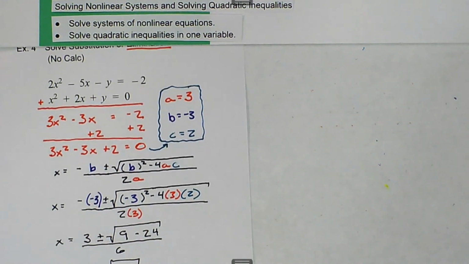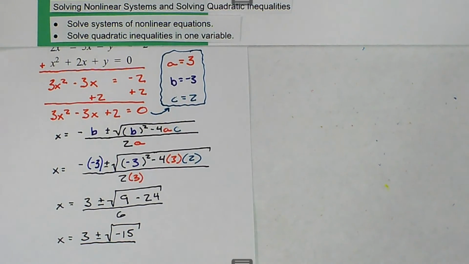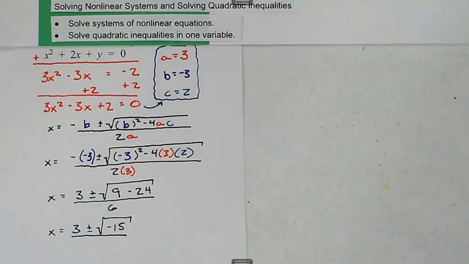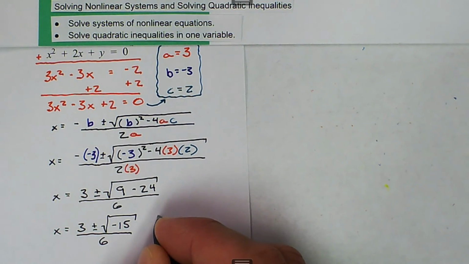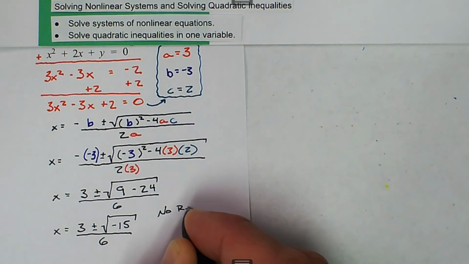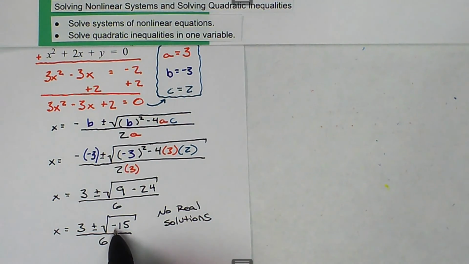That's negative 15. And we still have 6 in the denominator. And at this point, we see that in the discriminant, we have a negative 15. And so we know that there are no real solutions, because we have a negative under the radical.